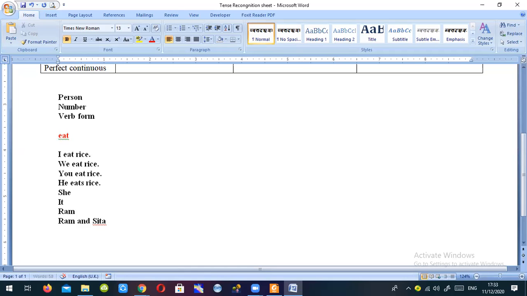Then she eats, it eats rice. We cannot use eat with this, right? Remaining others: Ram eats, Ram also eats rice, and Ram and Sita eat rice.